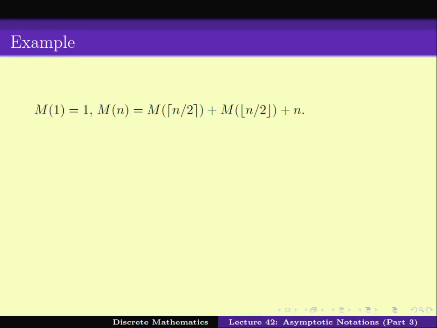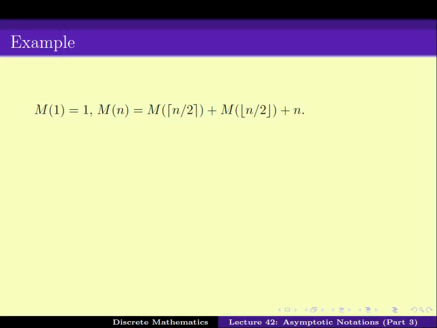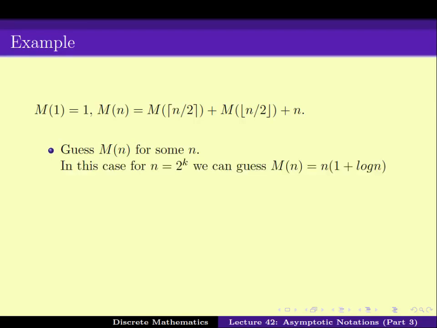Now, once you have been given this, the first thing to do is, can you guess mn, if not for all n, then for some n? As we did in this case, when n is a power of 2, we can guess mn equals n times 1 plus log n.